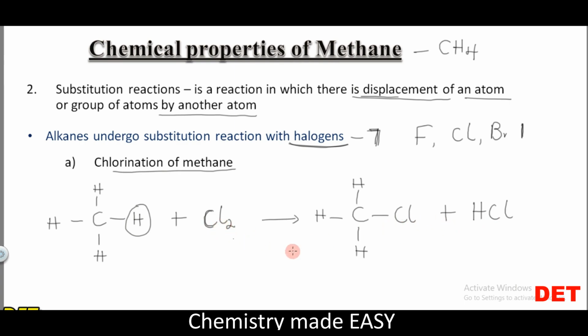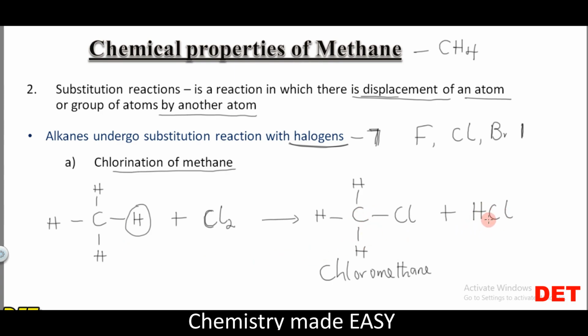So one of the chlorine will displace this hydrogen to give you chloromethane. This compound is referred to as what? Chloromethane. So when chlorine reacts with methane, it will give you chloromethane and what?